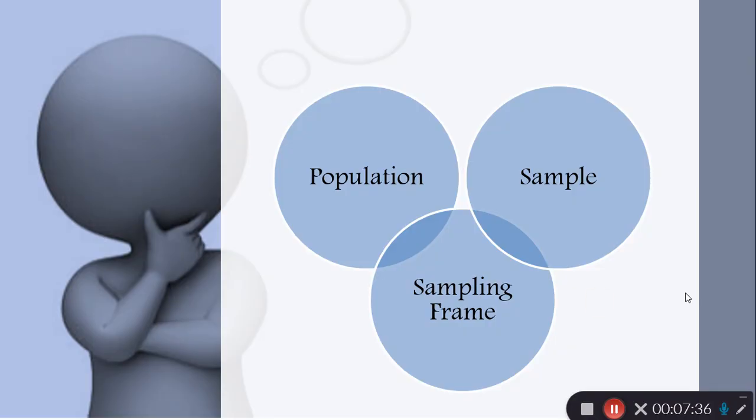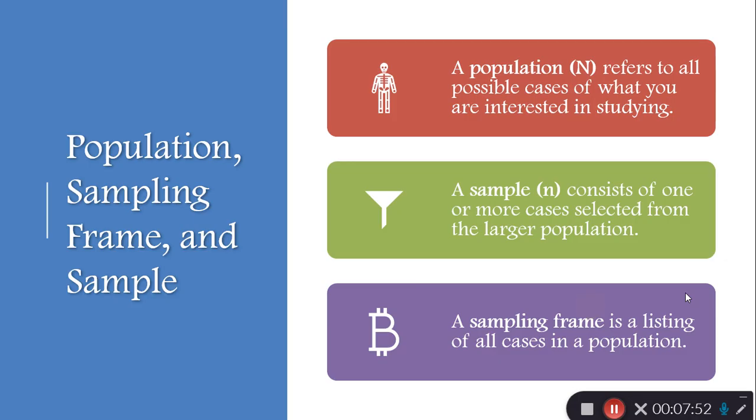So before we get into the specific types of probability sampling methods, these are three concepts that must be understood in order to further understand each type of probability sampling technique that we will discuss going forward. So first, a population refers to all possible cases of what you are studying or interested in.